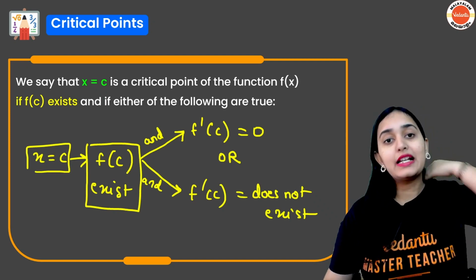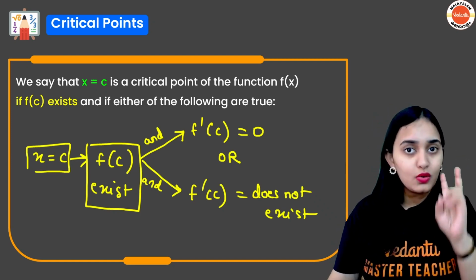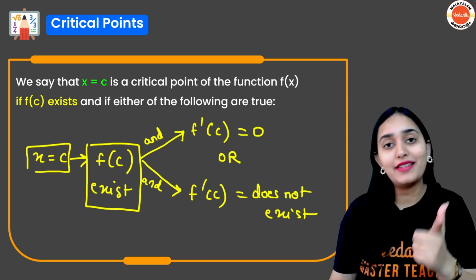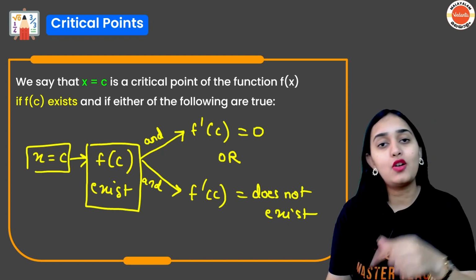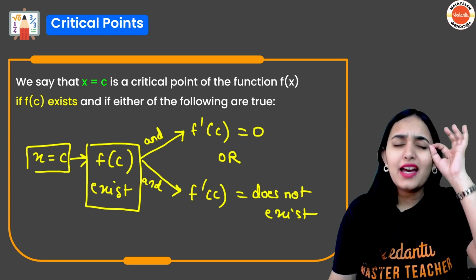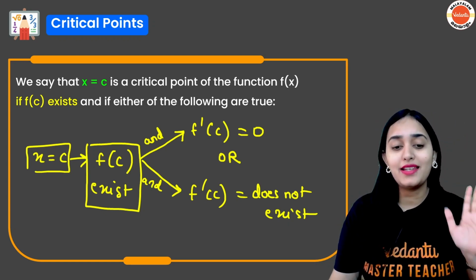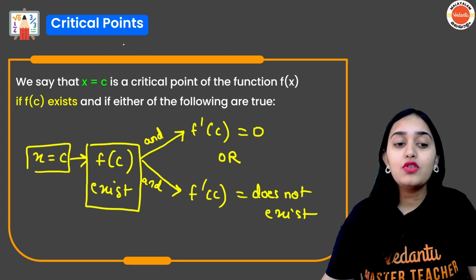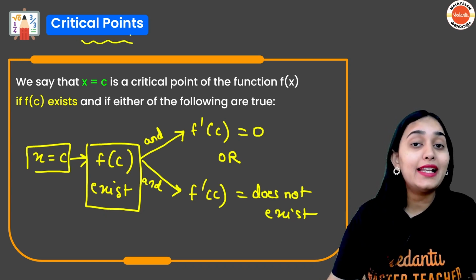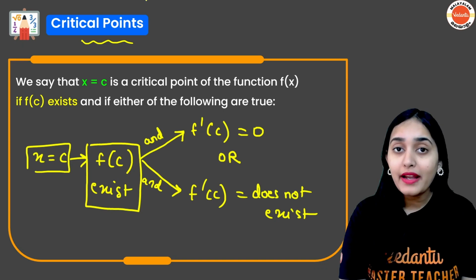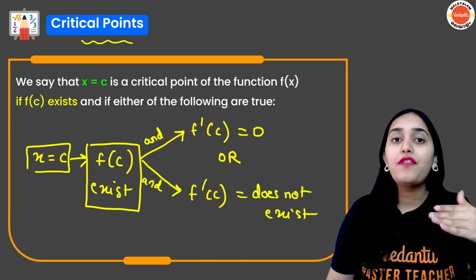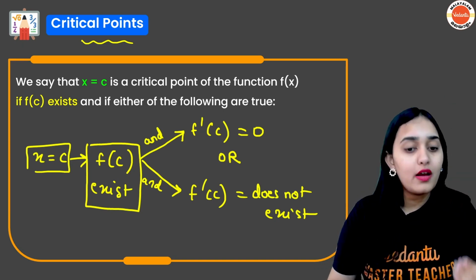Now, let's come to the most important two topics, maxima, minima, tangent, normal. Every year you will have questions from maxima, minima, tangent, normal, and they are super easy. Okay. First, you should know how to find out critical points. Now, what are critical points? They are the points at which your function becomes maximum or minimum.